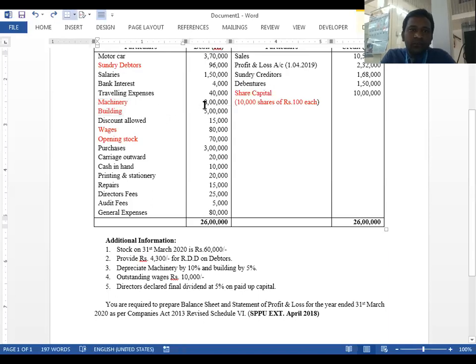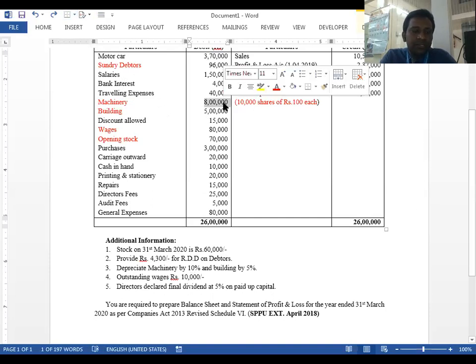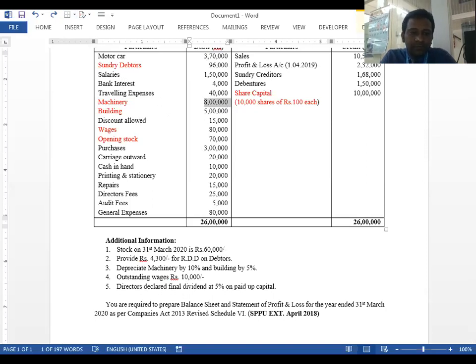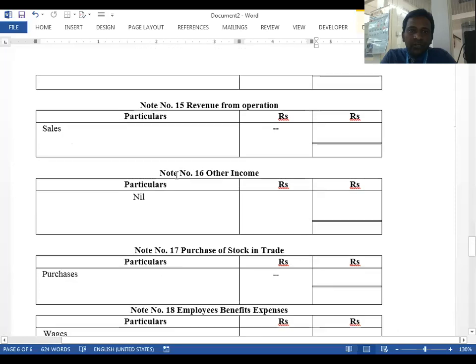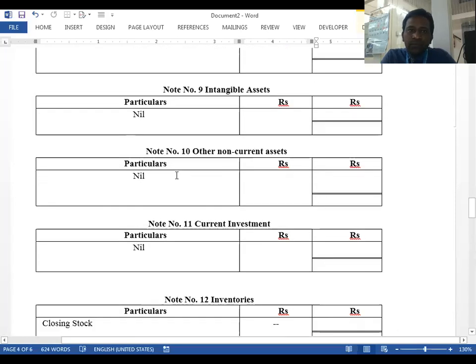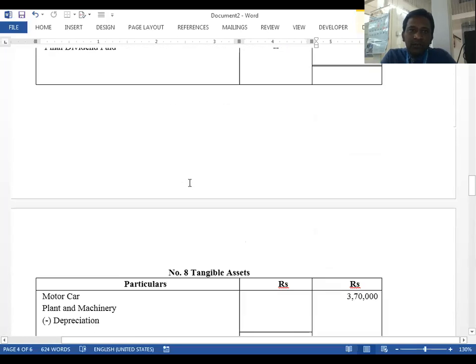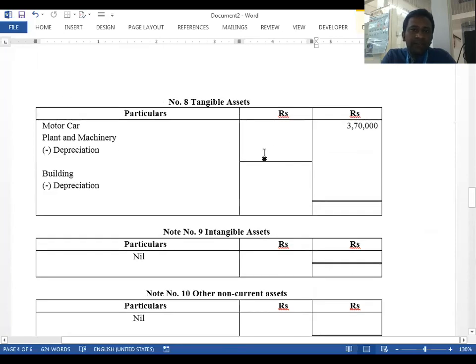Then next item is machinery and building. Both are fixed assets, and adjustment is also given in this regard. So what is the percentage of depreciation on machinery? 10%. So we have separate notes number 8, tangible asset, plant and machinery.